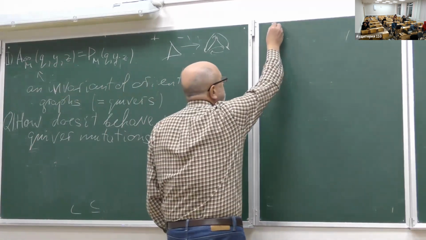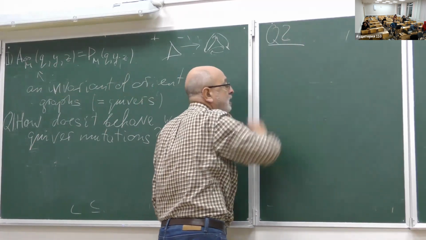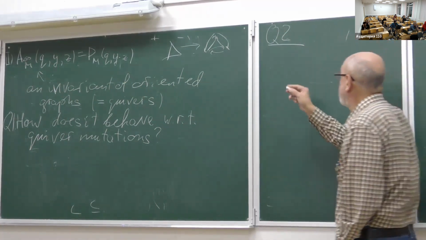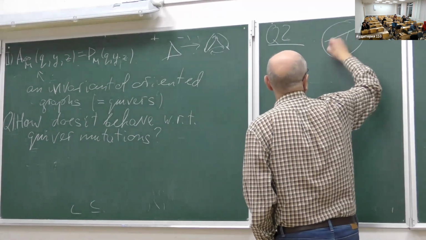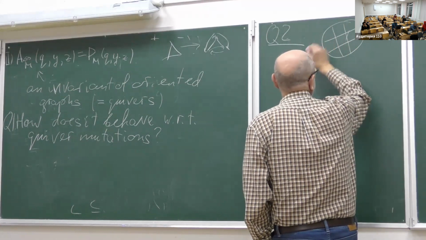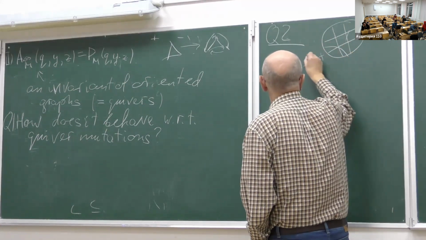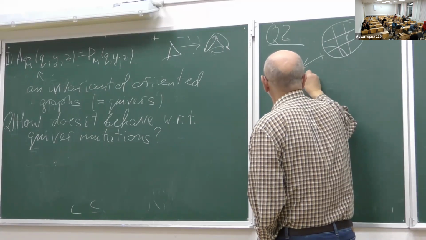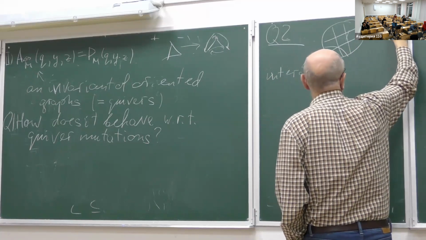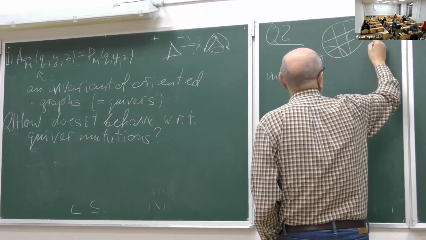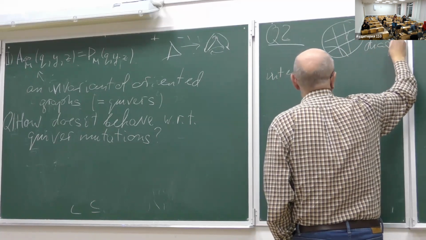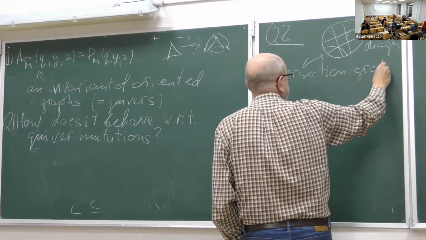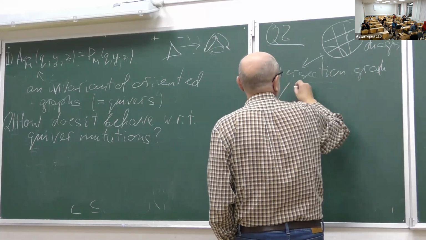Question number 2 comes from the theory of Vassiliev invariants. We have a chord diagram, and we may associate to it its intersection graph. The intersection graph is non-oriented.